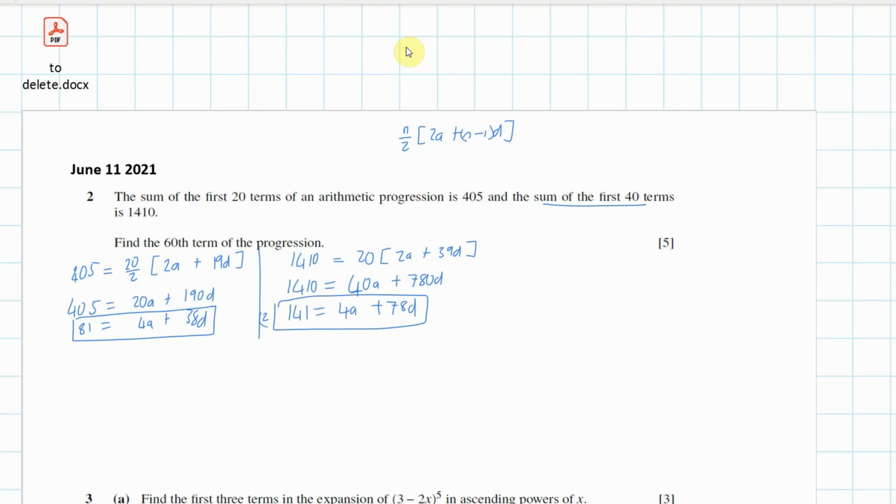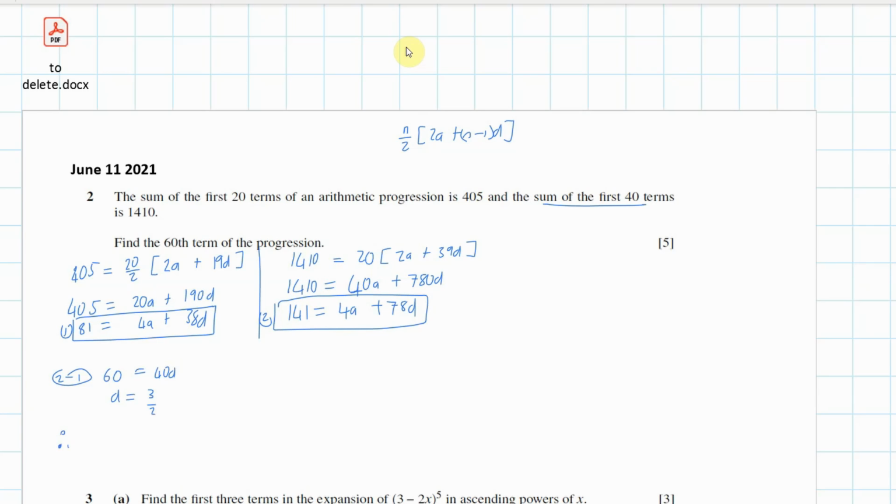So I've got 2 here and 1 here. Now we can use simultaneous solution here, so let's go 2 minus 1, so we get 141 take away 81. So I think that's 60, and then 4a take away 4a is gone. 78 take away 38 is 40d, so we get 40d here, and so d is equal to 6 over 4 or 3 over 2.